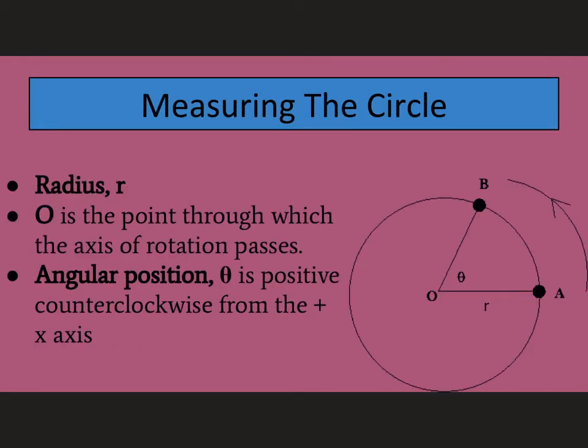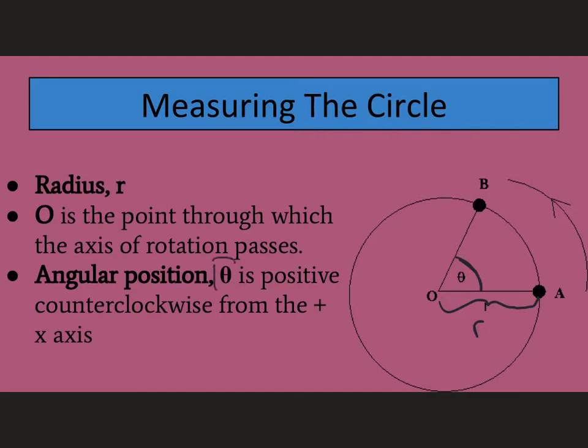So before we can get super into our rotational motion, a little bit about our circle. We know that the distance from O, our central point, to the circle is what we call the radius, R, and that we can measure within that circle some angle that we call theta.